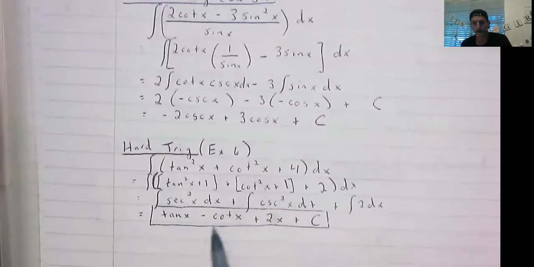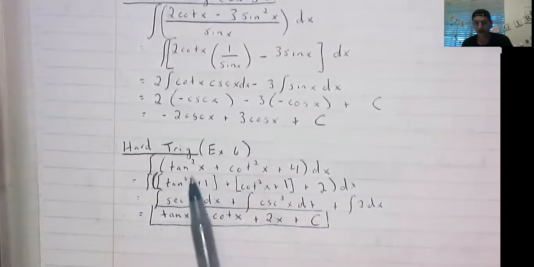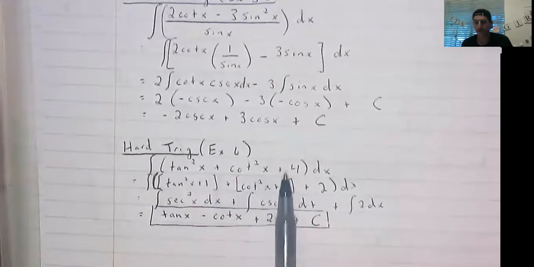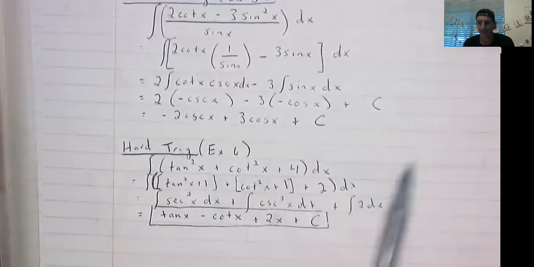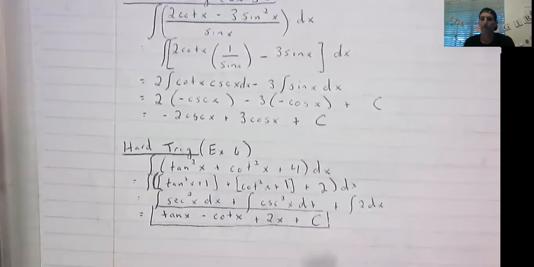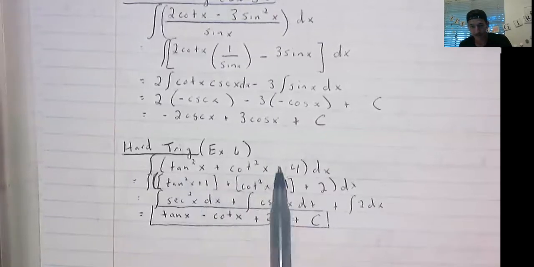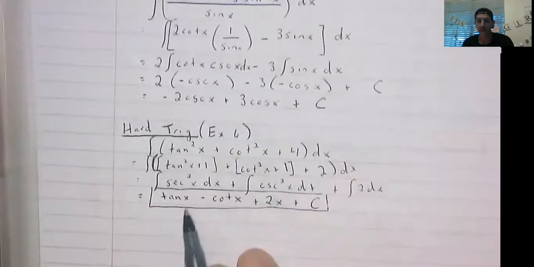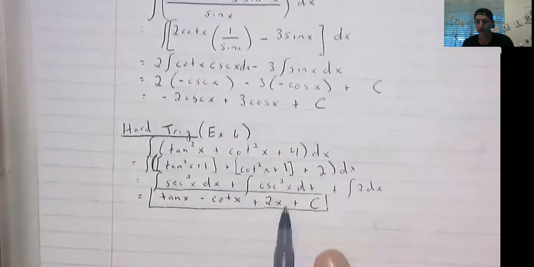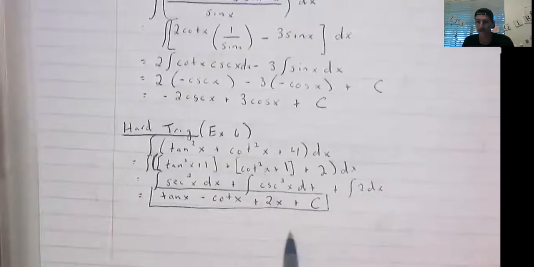Because the idea with the antiderivative is that a given function like tangent squared x plus cotangent squared x plus 4 can have a multitude of antiderivatives, because there are multiple functions whose derivative is the thing we started out with. They're not wildly different. They all have tangent x minus cotangent x plus 2x, and then they can differ by some constant c. So this is our general antiderivative.